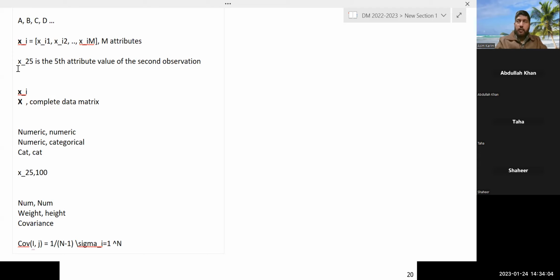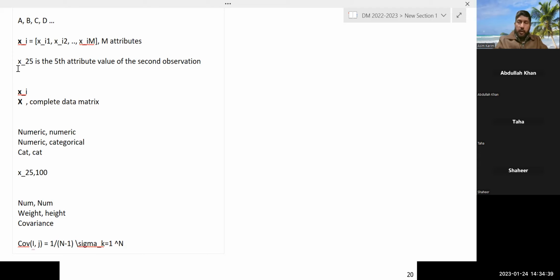ठीक है. So I and j actually वहाँ हम use कर रहे हैं पीछे. So these are the two attributes that we are using. So इसको फिर मैं यहाँ कुछ और use कर लेता हूँ. K use कर लिया मैंने.